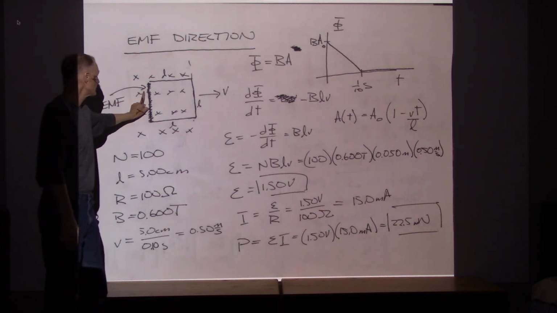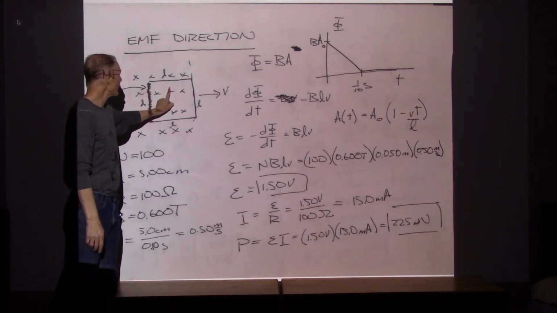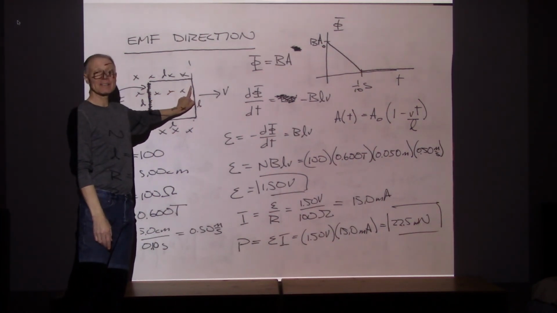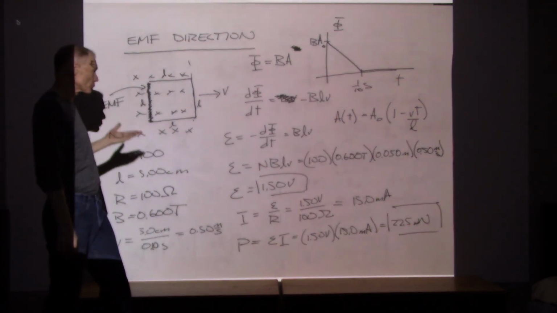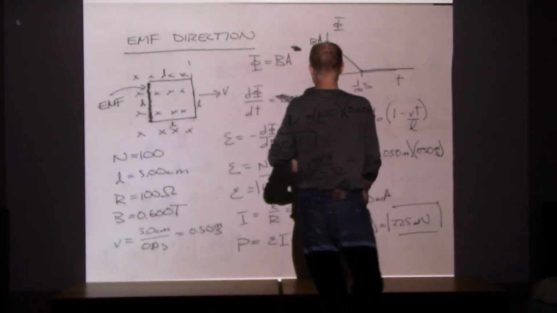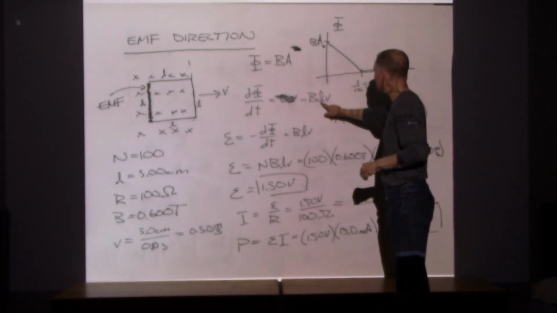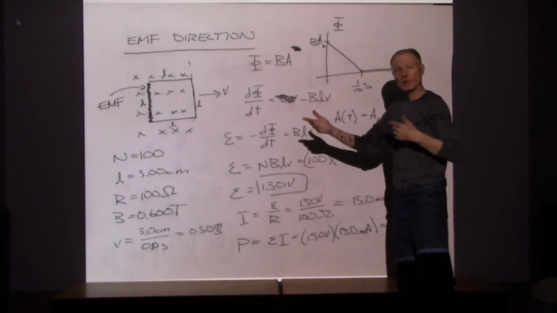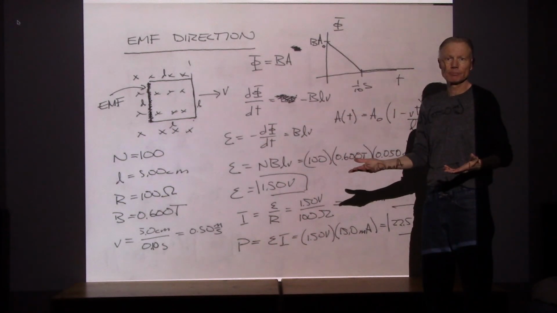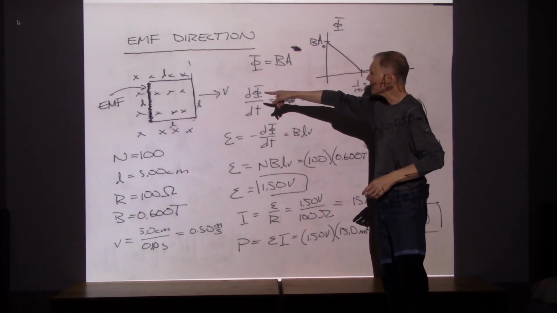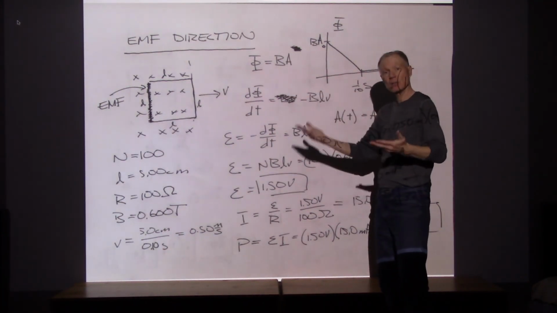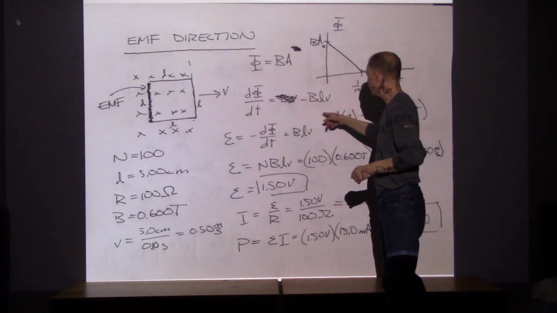And this will continue to have an EMF being generated until it leaves the region. So in the direct setup, we're going to have an EMF of B times L times V during that time interval, the interval where one side has left the magnetic field until the other side leaves.